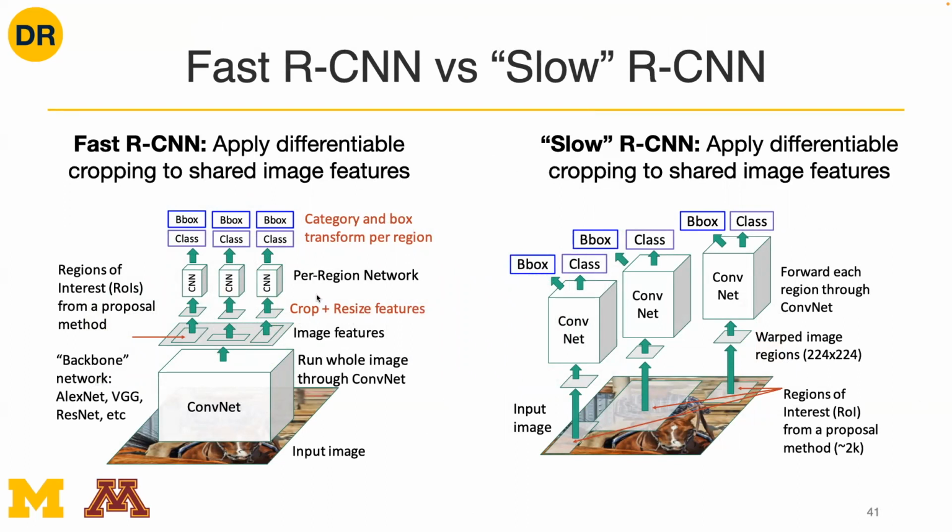What it will do is FastRCNN takes in the input image, runs the region of interest algorithm on top of it, and then runs the input image one time through your feature extractor, and then using that ROI align, or in the case of pure FastRCNN, the ROI pool step, it would extract the features of interest from your feature map, rescale them down to some canonical size based on maybe the interpolation from ROI align, and then each one of those would in parallel get fed to some classification head and some bounding box regression head in parallel. And that is in contrast then to the slow RCNN that we looked at last time.